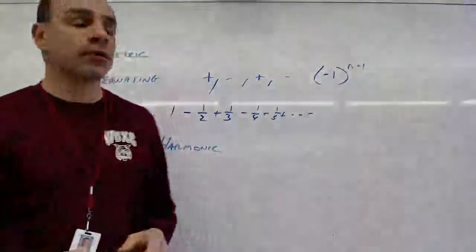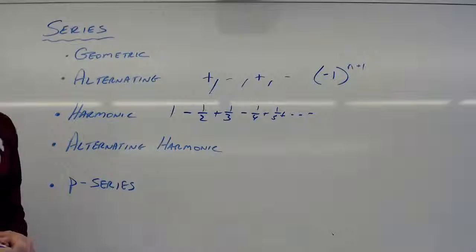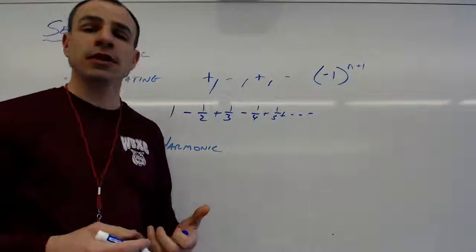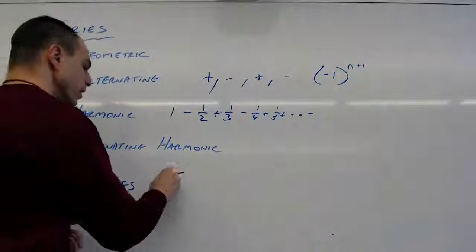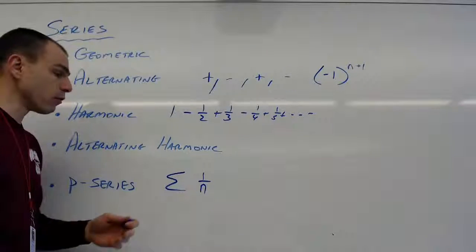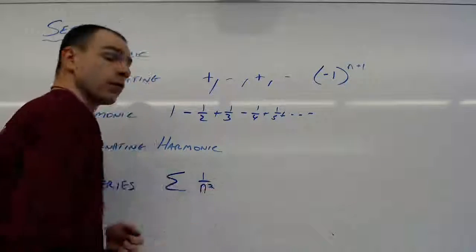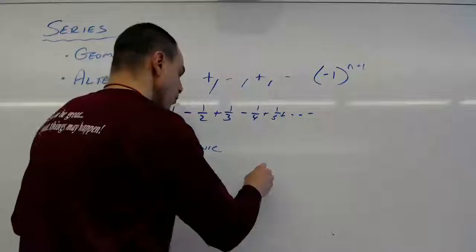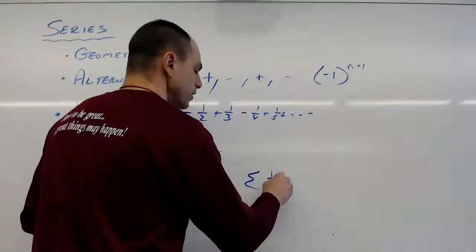And then the last one that's kind of common is your p-series. The idea behind a p-series is that you have 1 over n to a certain power. So the sum of 1 over n is a p-series, but so is the sum of 1 over n squared, or the sum of 1 over n to the 8th.